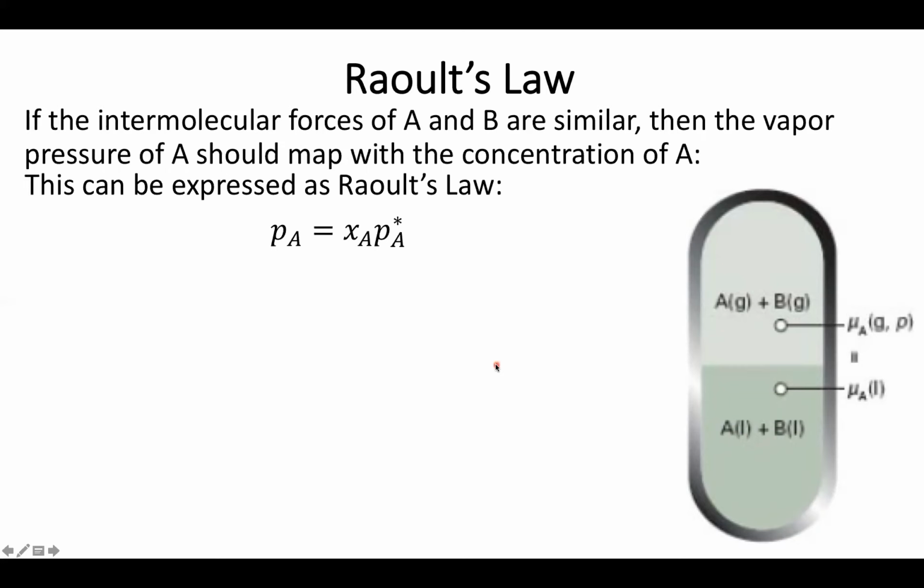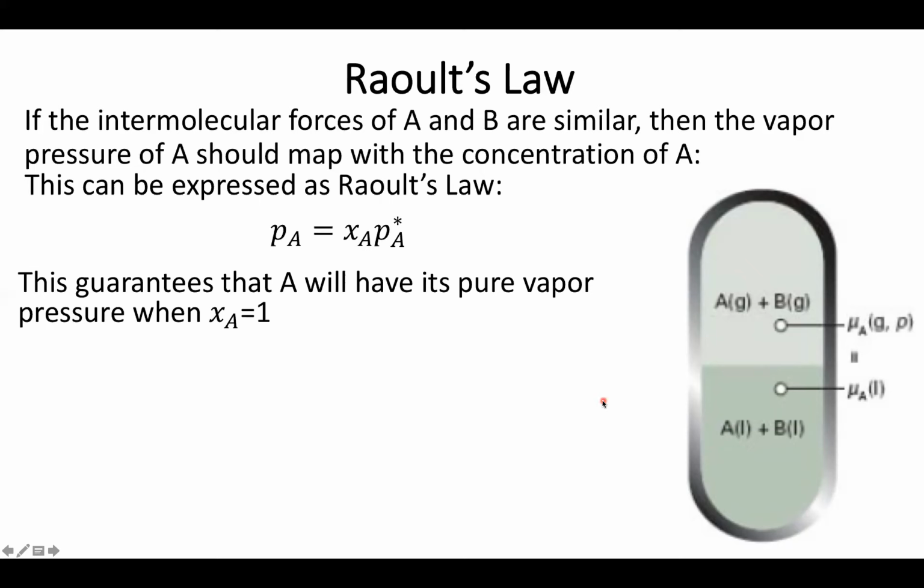And essentially what we're going to run into is a dilution problem, where the vapor pressure of A coming off of solution will essentially be related to the mole fraction of A, again, times the vapor pressure of if it was just A.